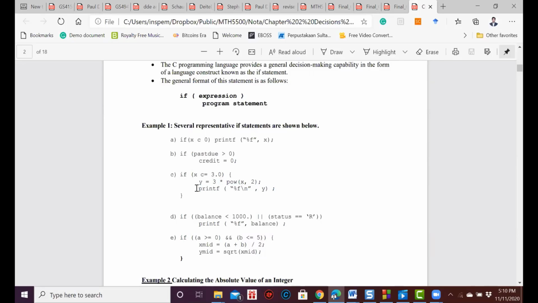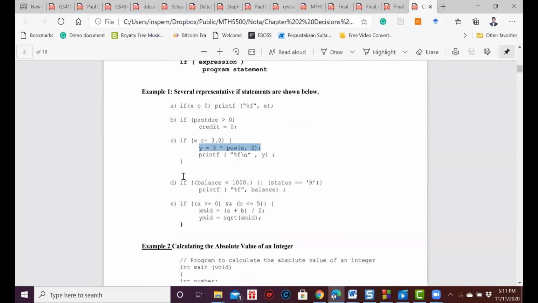The printf will always be executed whether this condition is correct or not. If the brackets are missing, only the single statement after the if will belong to the if.